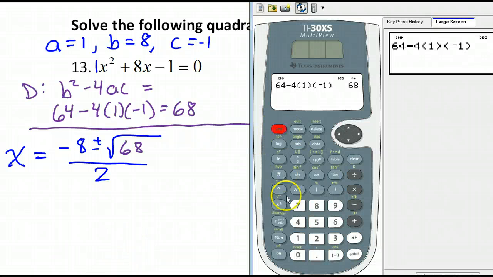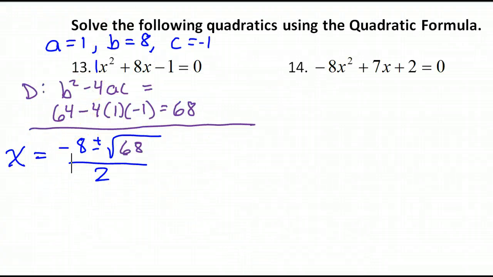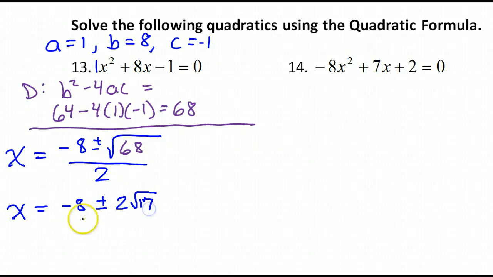Okay, so if I do the square root of 68, I get 2 radical 17. So it was 2 radical 17. So this is going to become x equals -8 plus or minus 2 radical 17 over 2.